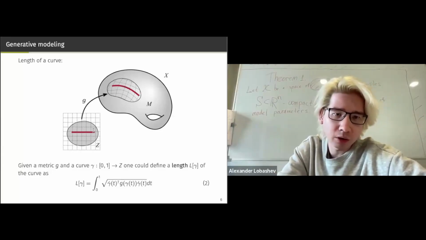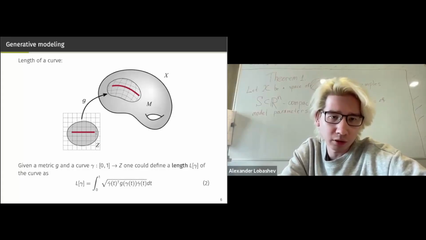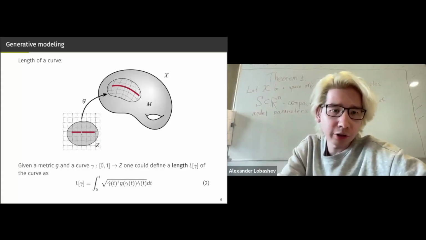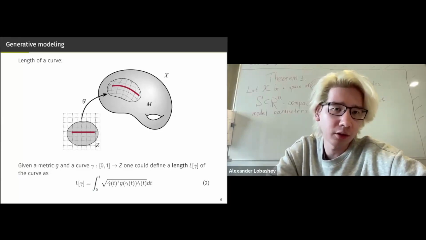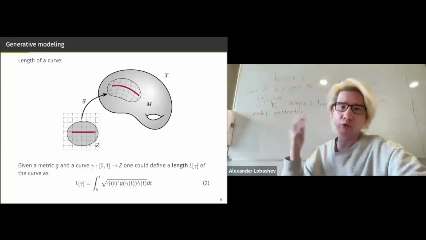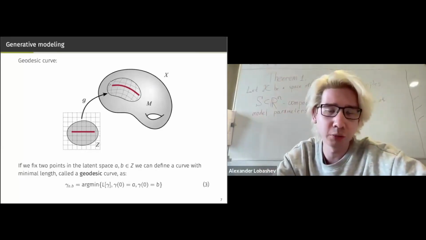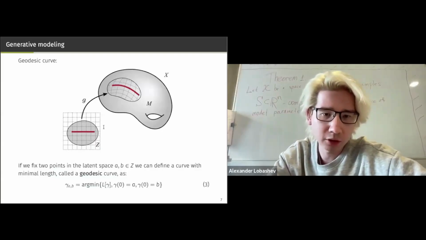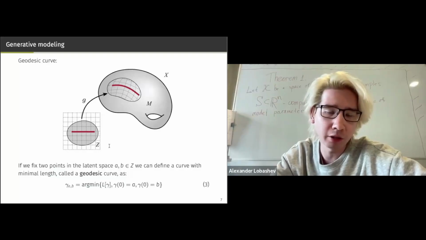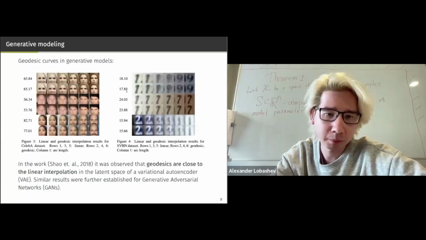If our latent space is Euclidean space, then geodesics are always straight lines, and a straight line in the latent space introduces some curve in the space of images. So this is a particular way to introduce the notion of smooth interpolation between two images. And a geodesic, as I mentioned, is a curve with minimal length, and length is defined by our Riemannian metric.